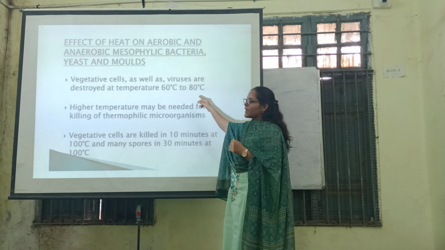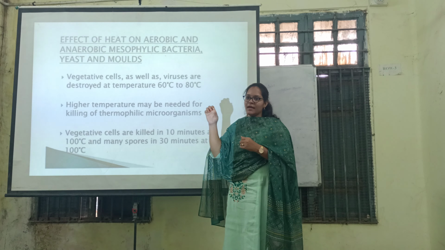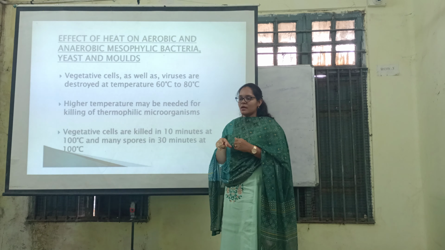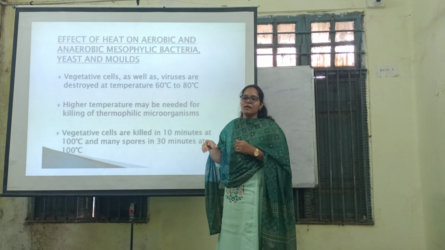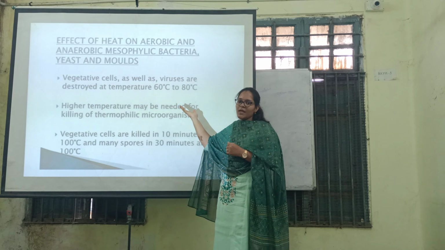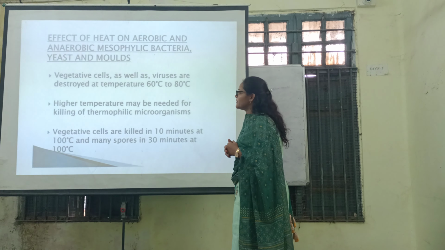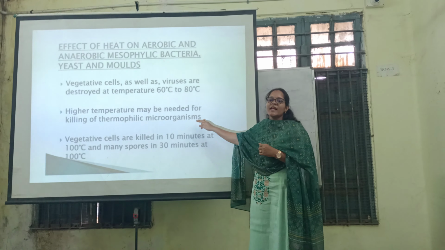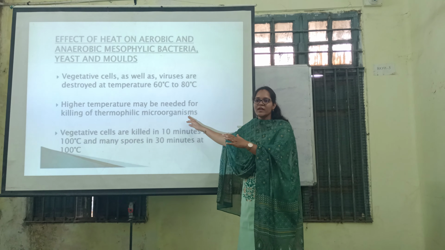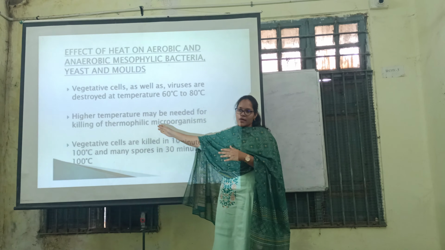If the temperature is higher, the time is less. If the temperature is lower, the time is longer. A higher temperature may be needed for killing thermophilic microorganisms. Thermophilic means heat resistant microorganisms.